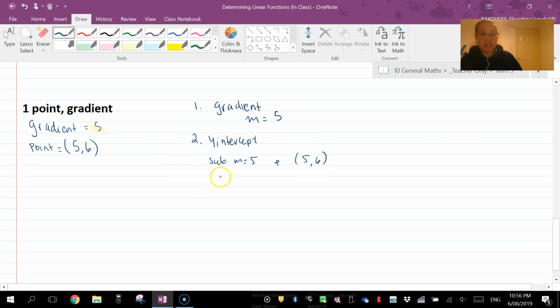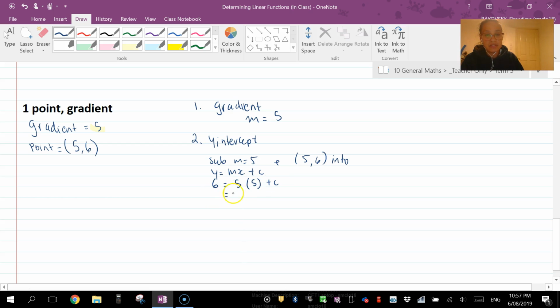So 5, 6 into y equals, oh, that's too many equals, control them. Mx plus c. Sorry. Okay, and then we're going to substitute all those values in. So 6 equals 5 times 5 plus c.